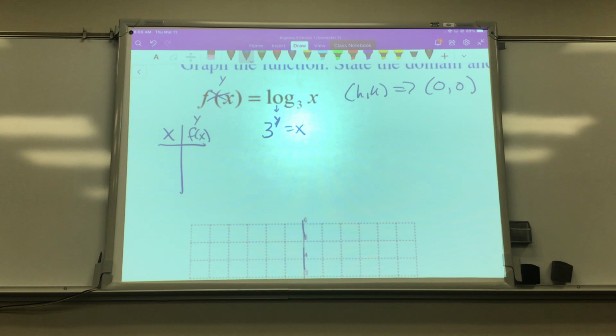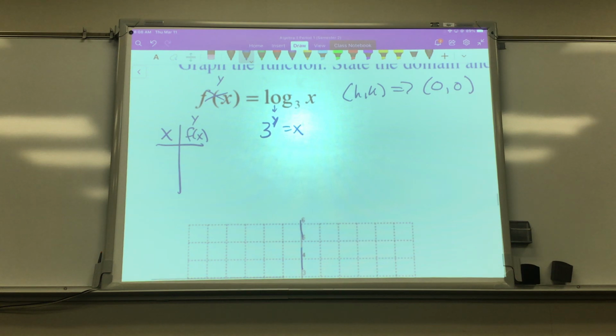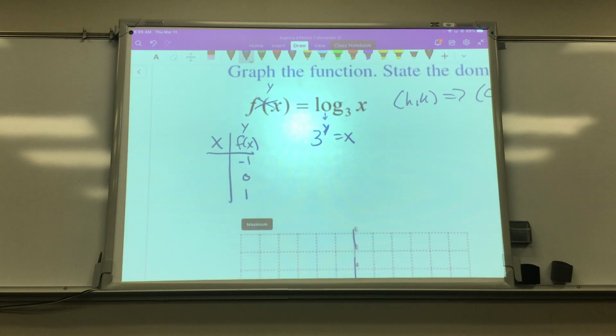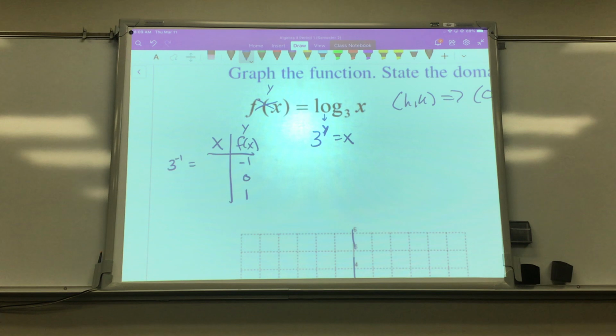Okay, so the values we're going to use every single time are -1, 0, and 1. So then it's saying 3 to the negative first, 3 to the 0, and 3 to the first. 3 to the negative first, what is that?